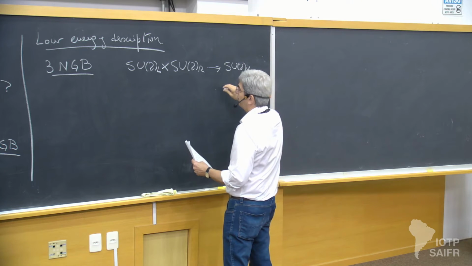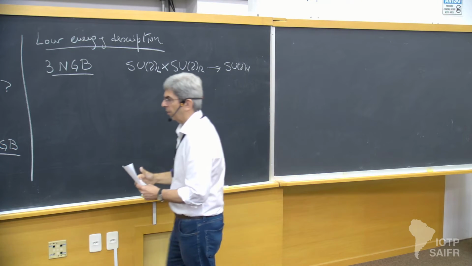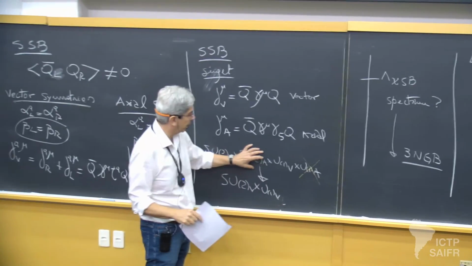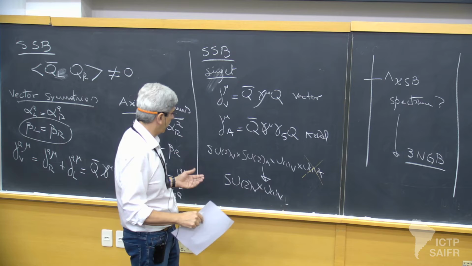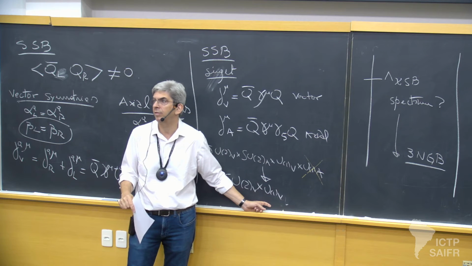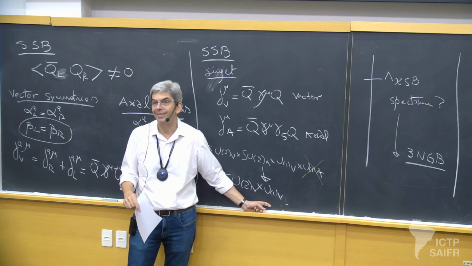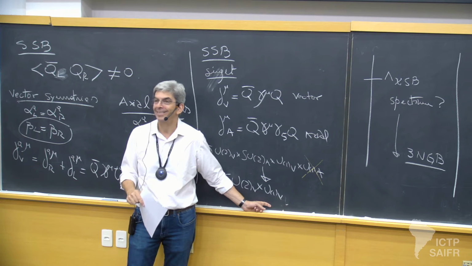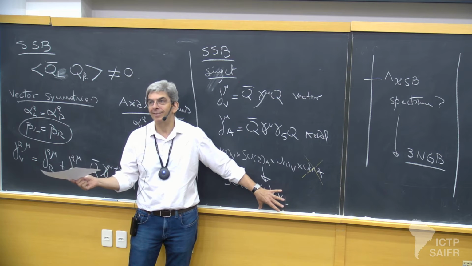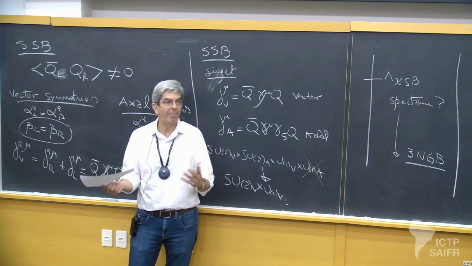I'm not going to bother with the U1s in here because I'm talking about the Nambu-Goldstone bosons of the SU2 axial. So I'm not going to bother with the U1 vector symmetry, which is baryon number conservation, which is also anomalous. I'll talk about that, of course, later because that's the main point of the whole school.